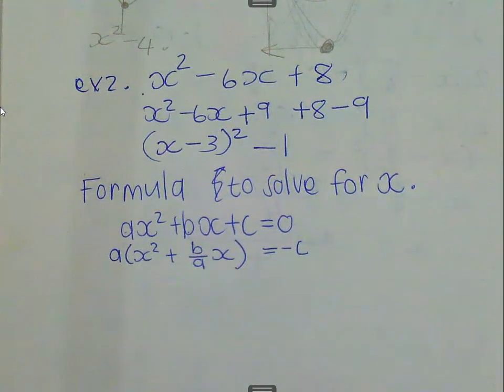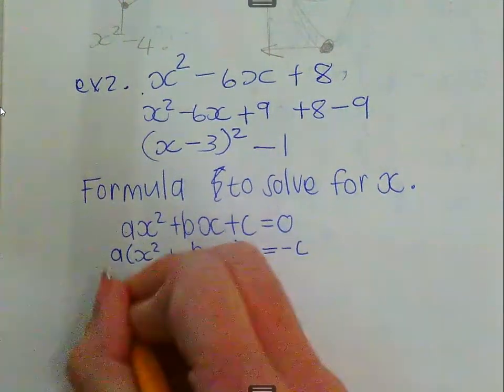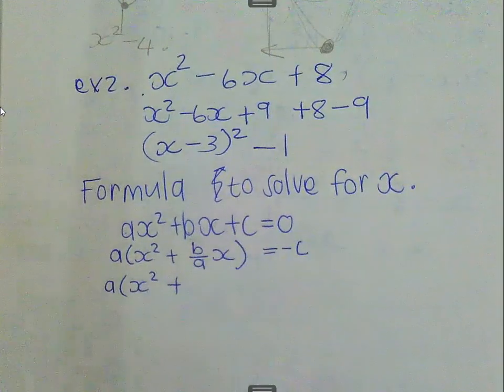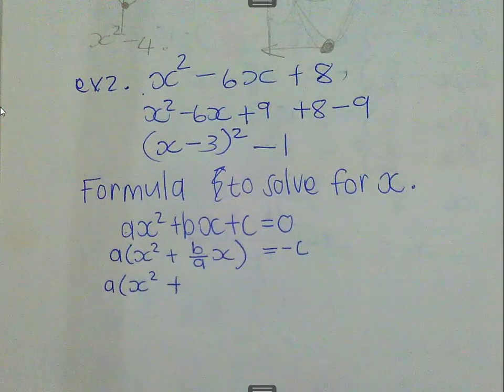Are you happy? I didn't do something funny, I just took out the a in common. Now I'm going to complete this square. So the b value is b over a. To get my magic number, I'm going to have to say b over a divided by 2 squared.